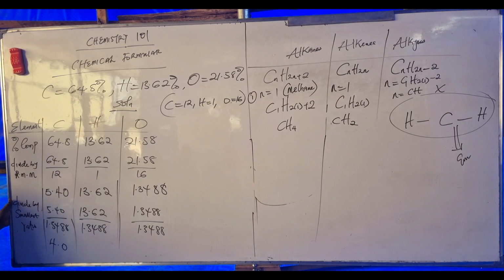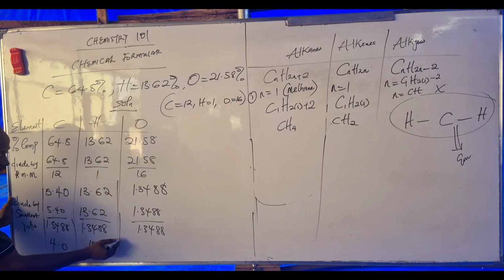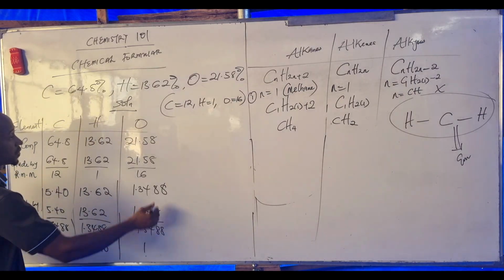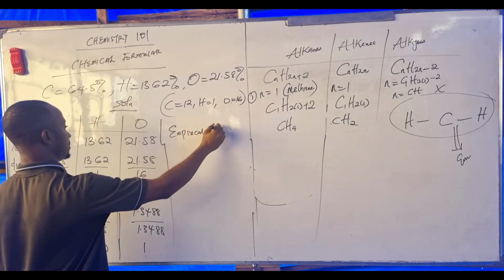4.0. Are you sure? What about this? 10.0, which is 10. What about this? 1. So what is our empirical formula? What is the empirical formula?